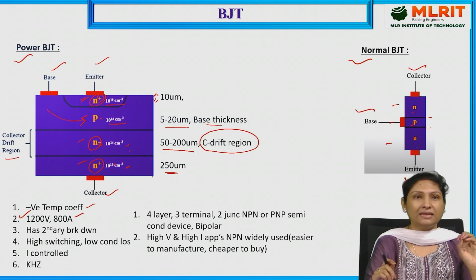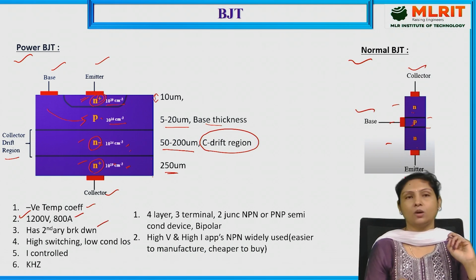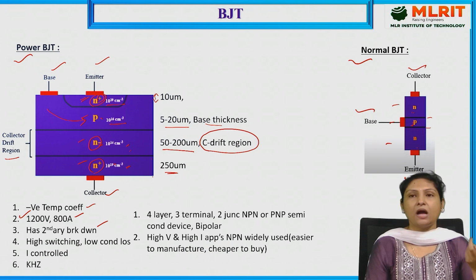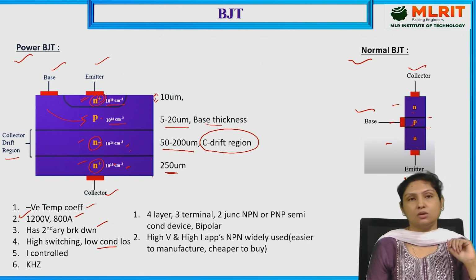And it has secondary breakdown, and it has high switching speeds and low conduction losses. This is the advantage, that is, it has high switching speeds as well as low conduction losses.